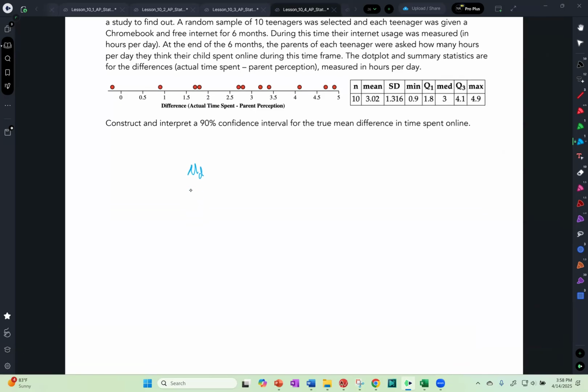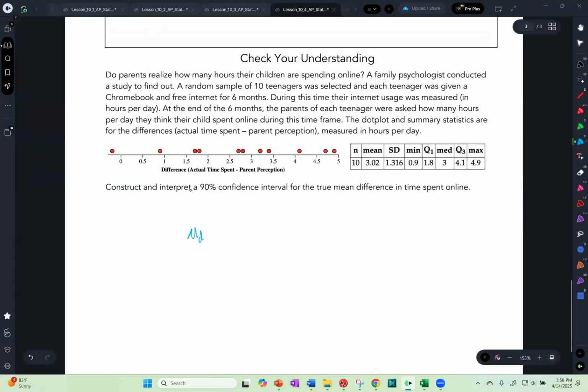And then 90% confidence, check your random. And notice the big thing here is they're not independent random samples. We have the two different pieces of data because they're coming from the same sample, right? So it's just parent versus teenager, but it's blocked almost on that one student or one person. And then it is random though. We don't have a large enough sample size for the central limit theorem, but that dot plot doesn't show heavy skewness or outliers.